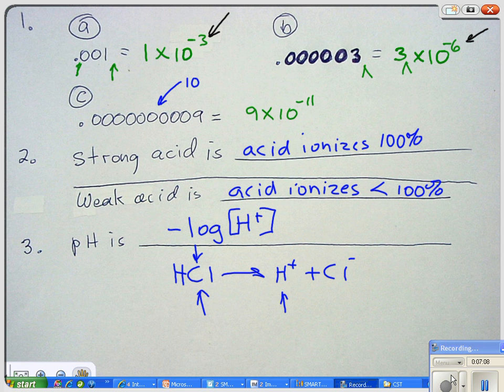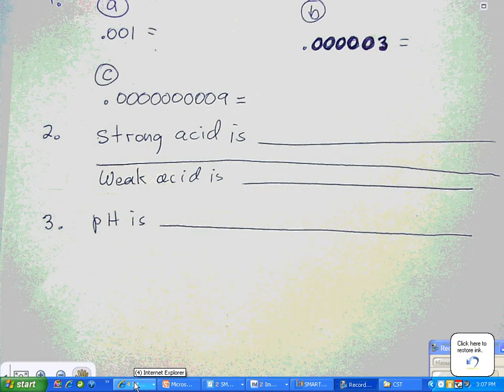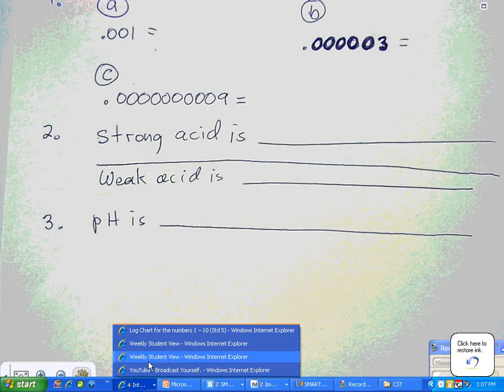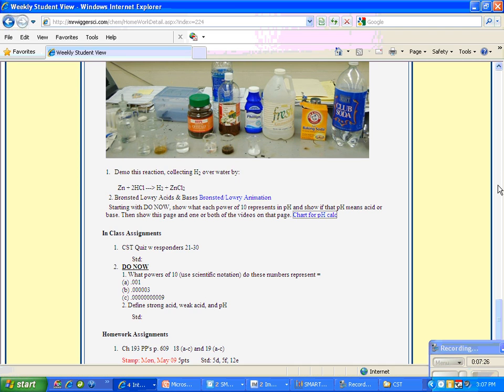Let's look at the website, and I'm going to show you. Okay, right here, you're going to see a link for a chart to calculate pHs.